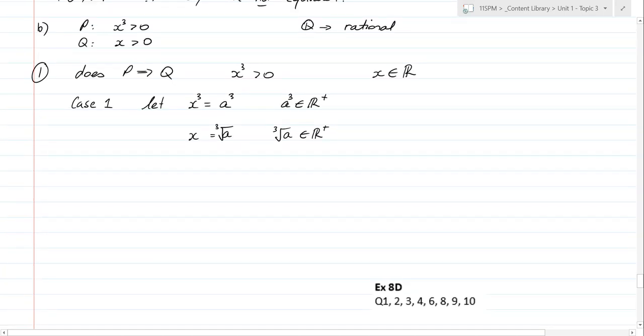On the other hand, case 2: let x cubed equal a cubed such that a cubed exists in the negative real numbers. Then when we take the cube root of x, that is the cube root of... so that's not right. That should just be a, sorry.